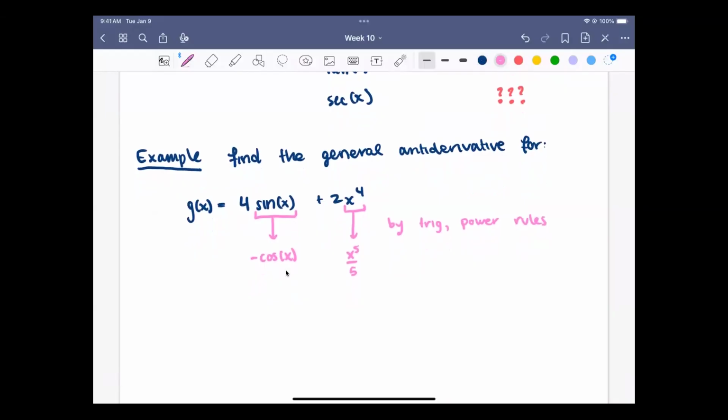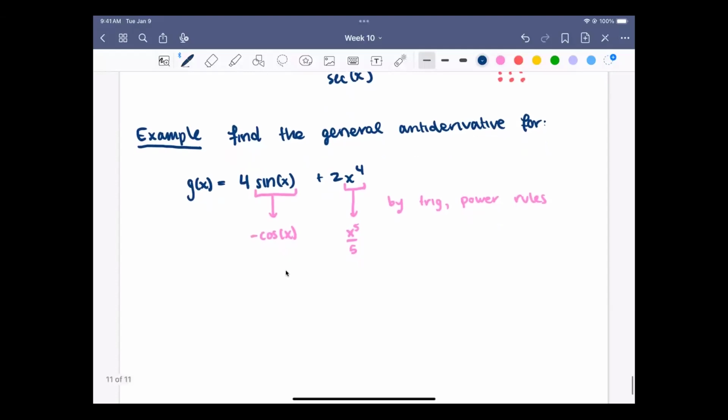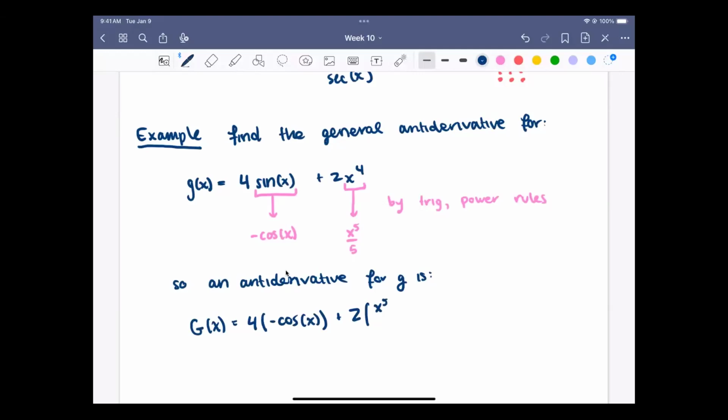Then to get the antiderivative of g, we just have to put this all together. An antiderivative for g, and I'll call this function capital G of x, will be 4 times minus cosine x plus 2 times x to the 5th divided by 5.